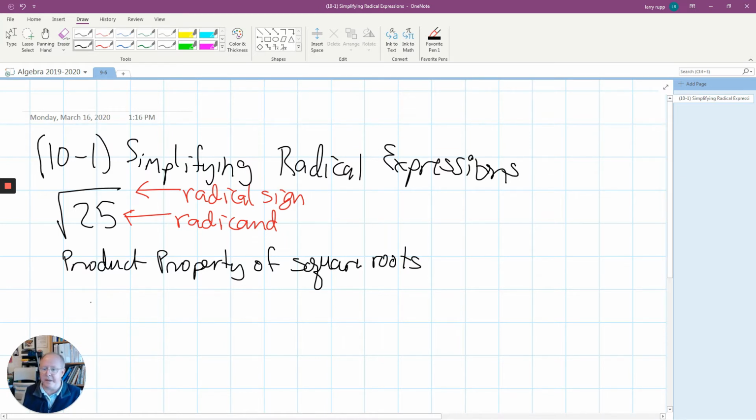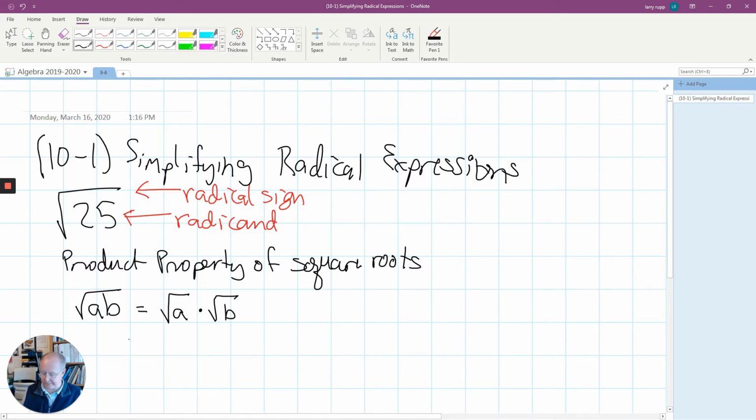Okay. Basically, the product property of square roots says this. If you have the square root of a times b, all right, what that equals is the square root of a times the square root of b.